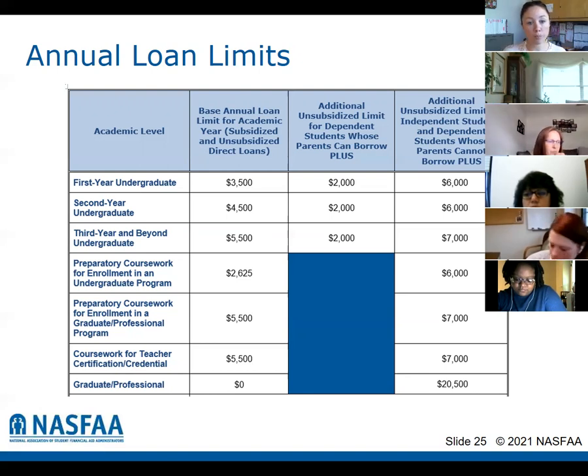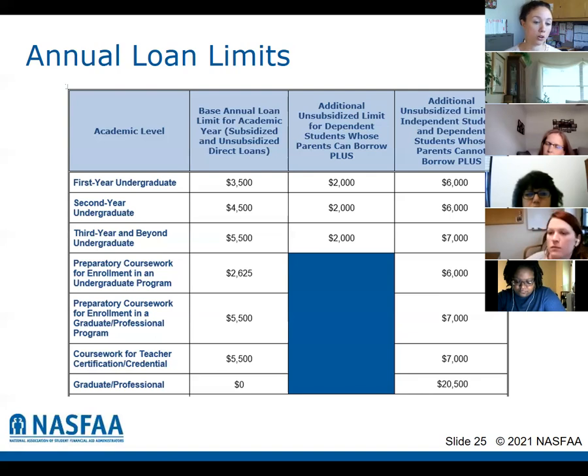So just to quickly fly through this one. First year students can have up to 3,500 subsidized. They can then have that additional 2,000 of unsubsidized. Second year students can have 4,500 subsidized, an additional 2,000 unsubsidized.